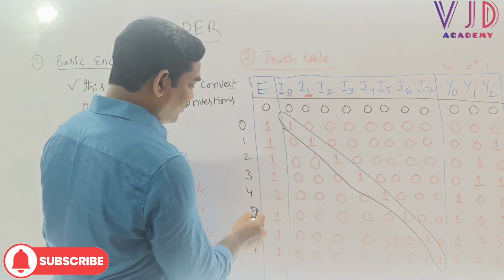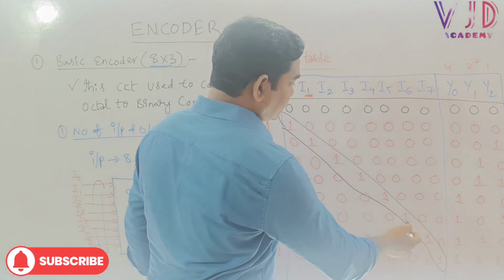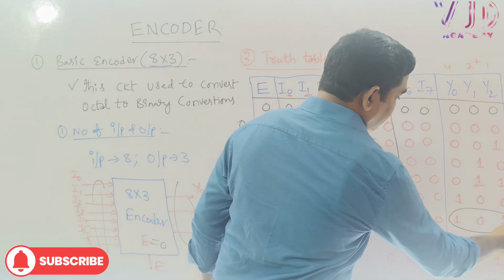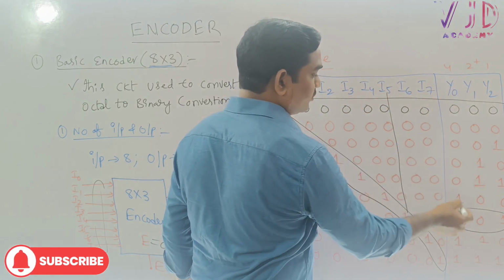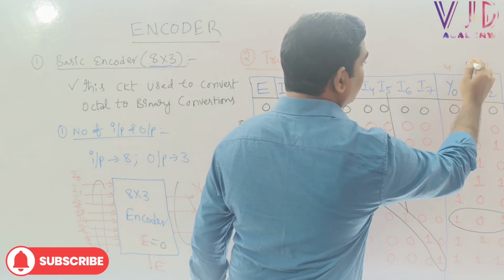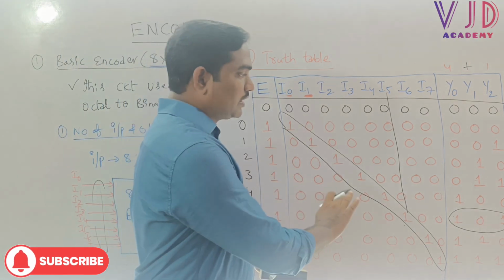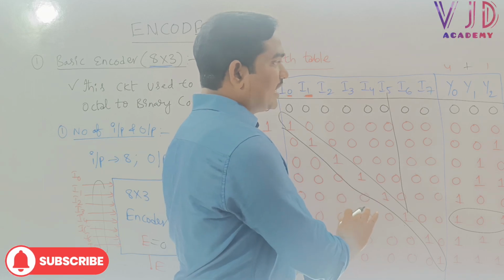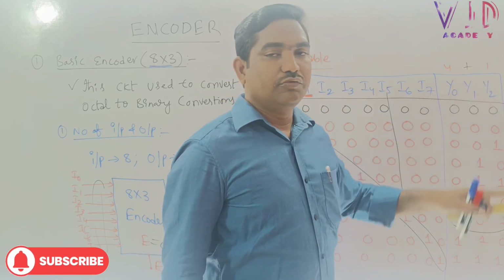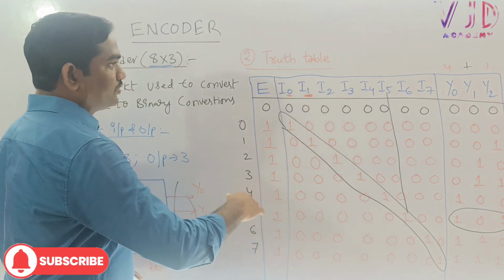So now if you can see the fifth one, enable is 1, and now the fifth place I5 is 1, and the corresponding binary is 1 0 1. 1 means fourth place weightage 4, and one's place 1, so 4 plus 1 is weightage 5. So this is how the input data is converting to binary data. This is 8 to 3 binary data. Sir, this is how we can convert input data to output data.